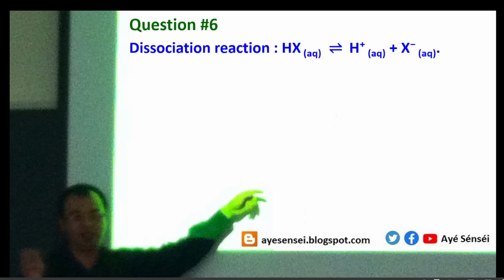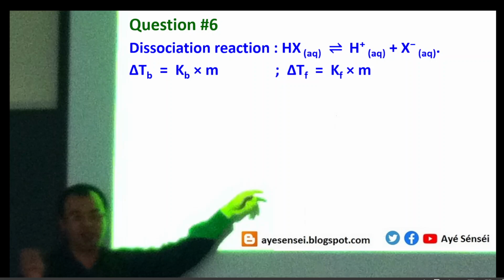First, let's see the dissociation reaction of a monoprotic acid can be written like this. As we can see, it produces H plus ion, and it produces the other anion as well. This is the correlation for boiling point elevation and freezing point depression.